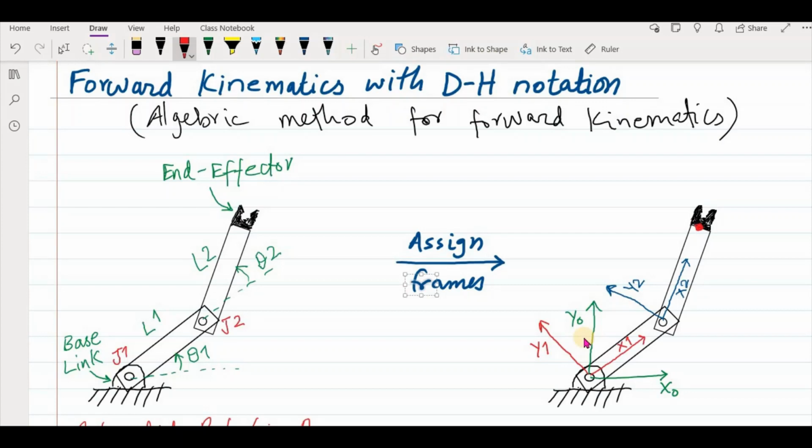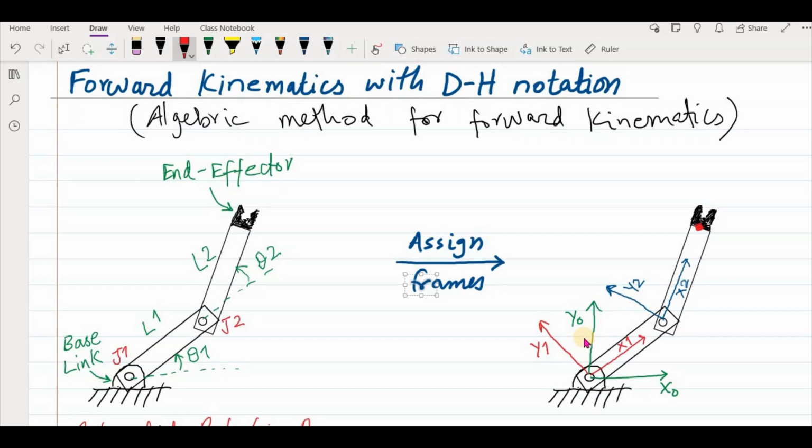For simplicity it's not shown because it's a 2D paper and difficult to draw. So the z-axis of frame 1, and also of frame 0, the reference frame, is coming toward you.